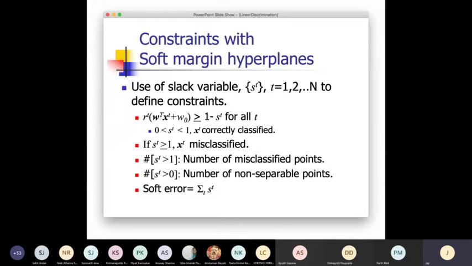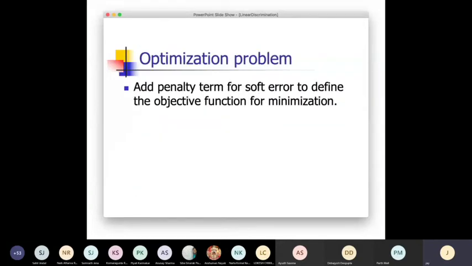So the soft error is defined in this way, and you are trying to minimize it. The sum of the magnitudes of the slack, which is always positive, should be minimized and considered when you formulate the objective function.